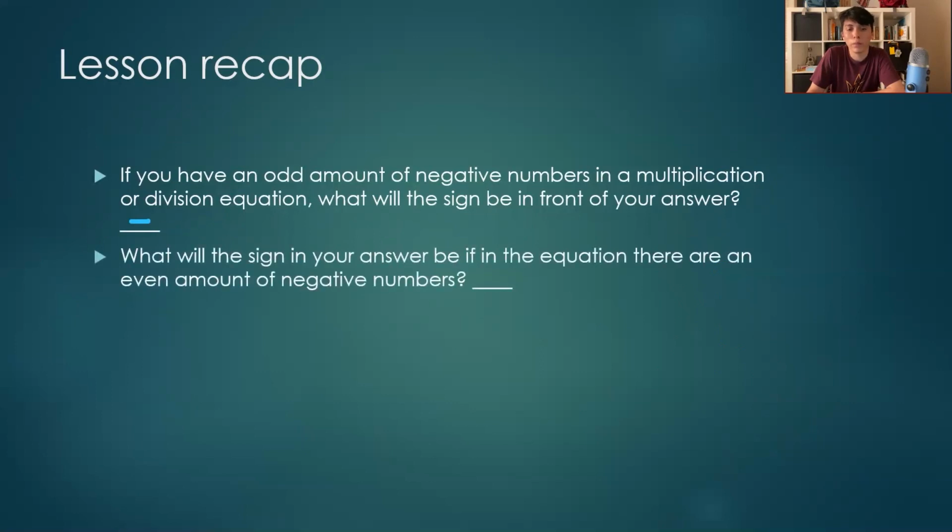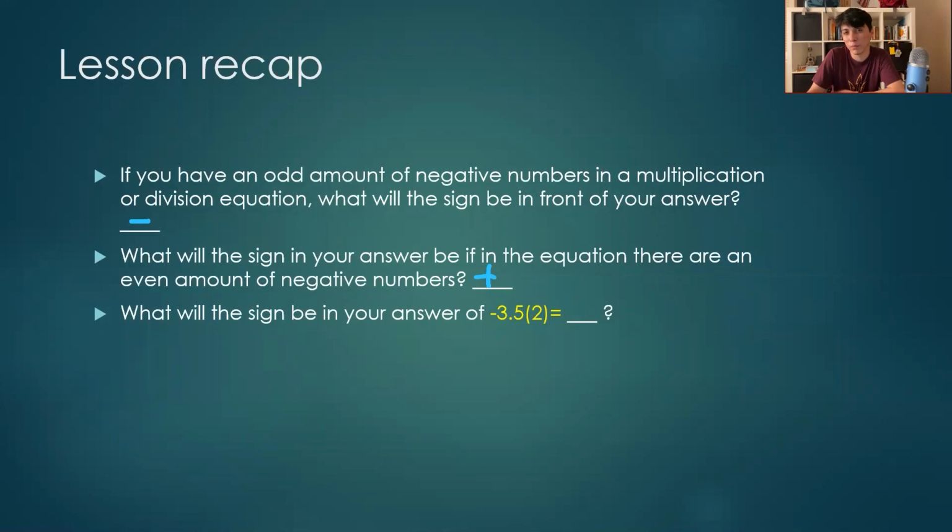So what will the sign in your answer be if in the equation there are an even amount of negative numbers? Pause, think about it, resume. You should get a positive in your solution. So what will the sign be in your answer of negative 3 5/10 multiplied by 2?